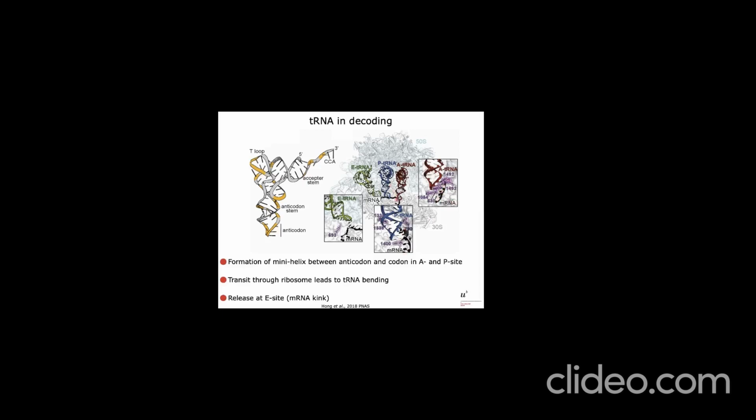And then this gets lost at the end where the E site is, because you see this kink of mRNA. So the mRNA doesn't continue, but it moves down, making a kink, which then releases this anticodon-codon interaction. And that's why the tRNA can be kicked out at the E site.